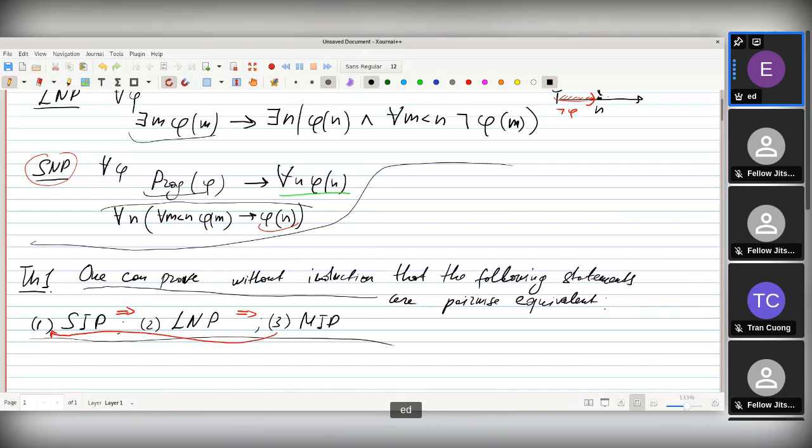Of course it is enough, because given these three implications, it is easy to obtain, say, strong induction from the least number principle. Assume the least number principle, then by this implication MIP is true, and by this implication SIP is true as well. Is it clear?